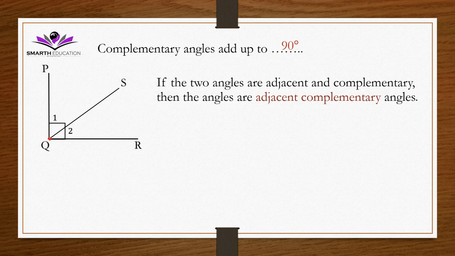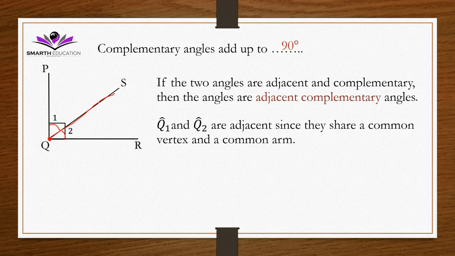Adjacent angles share a common vertex and a common arm, like Q1 and Q2, which have the common arm QS here.